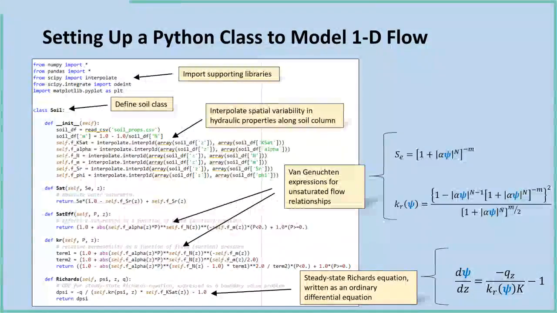The first three functions or methods in object-oriented programming parlance define various unsaturated soil hydraulic properties as a function of fluid pressure potential, directly implementing the equations that were spelled out a couple of slides back. Finally, the Richards method expresses the ordinary differential equation for the Richards equation as developed on the previous slide.